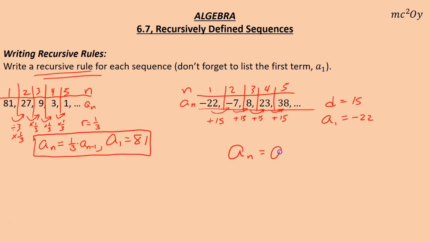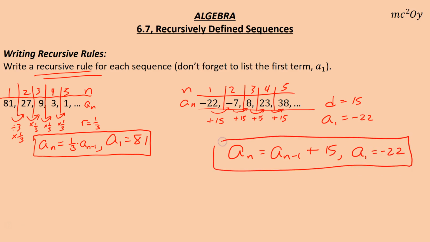A sub n is equal to a sub n minus 1 plus my difference of 15. And I've got to list that first term. The first term is negative 22. It's important to list the first term because that tells us where to start our pattern. So starting at negative 22, go up by 15 every time. Starting at 81, multiply by 1/3 every time.